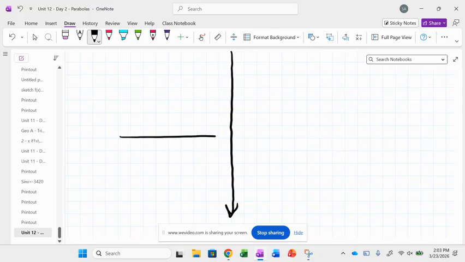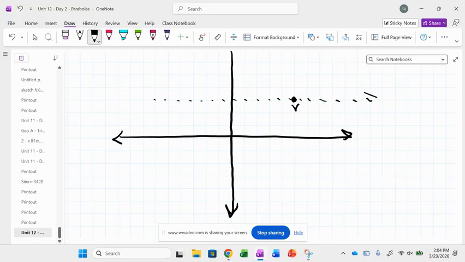Opening right or opening left? To the right. So our vertex was the point 5, 3. Put V for vertex. Our axis of symmetry is a horizontal line this time. Our focus is the point 6.5 comma 3.